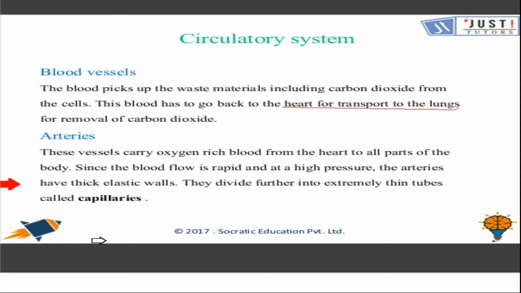They divide further into extremely thin tubes called capillaries. So another component comes out from arteries, the capillaries. When arteries divide into extremely thin tubes, these tubes become capillaries. And again, they work for blood flow.